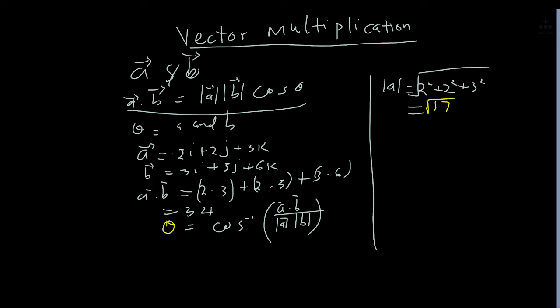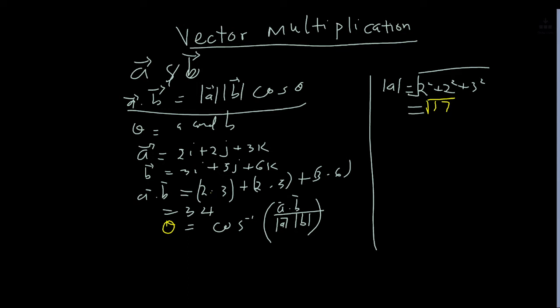Given vector A as 2i plus 2j plus 3k and vector B as 3i plus 5j plus 6k, the dot product of vector A and vector B is given by multiplying the elements of these vectors: 2 dot 3, plus 2 multiplied by 5, plus 3 multiplied by 6.